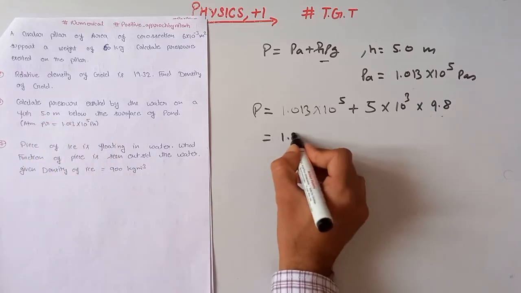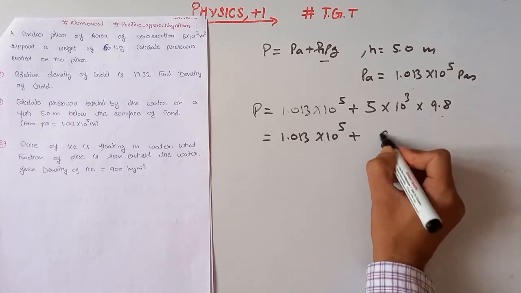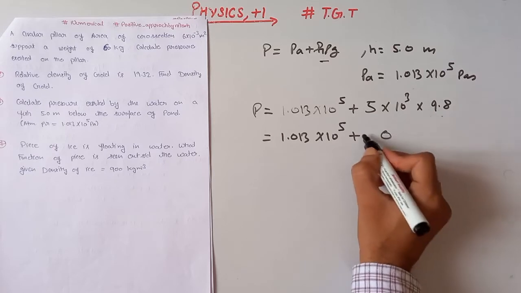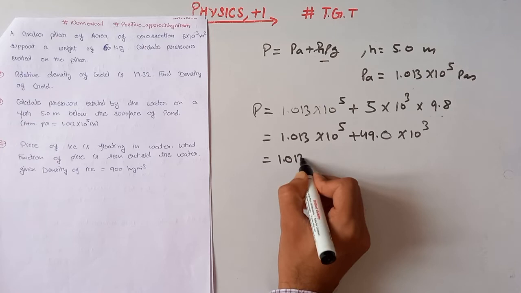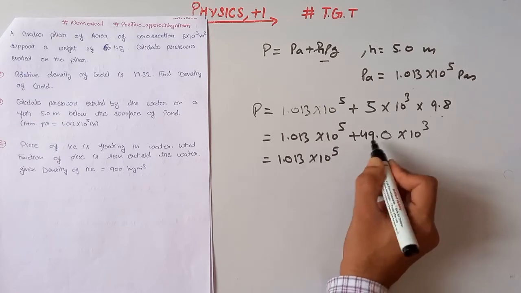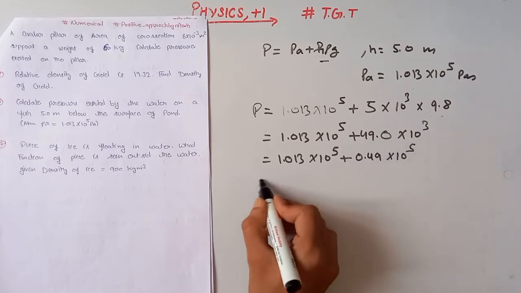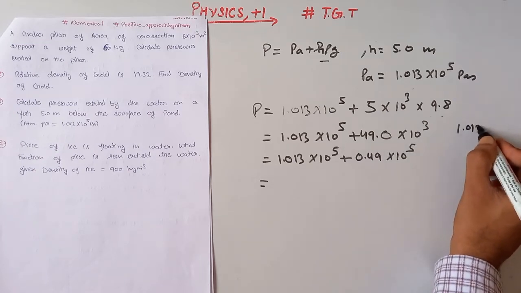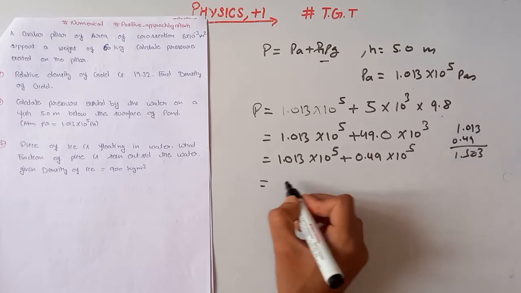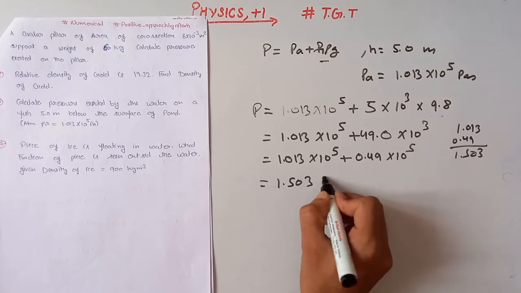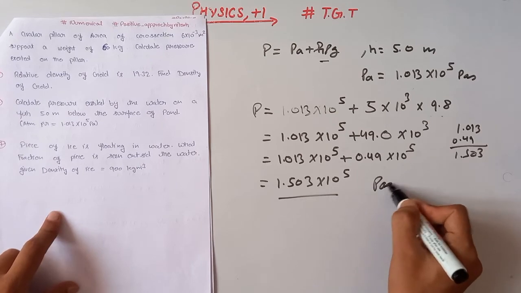Now which is equal to 1.013 into 10^5 plus 5 times 9.8, which is 49, into 10^3, which is equal to 1.013 into 10^5 plus 0.49 into 10^5. Now simply add 1.013 and 0.49, which is equal to 1.503 into 10^5 Pascal.